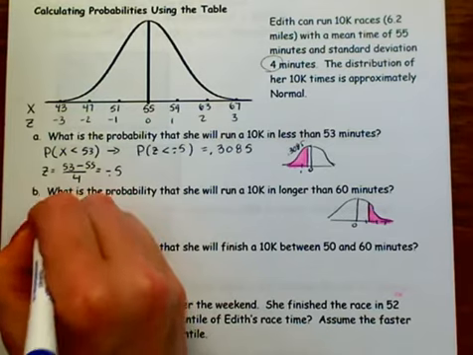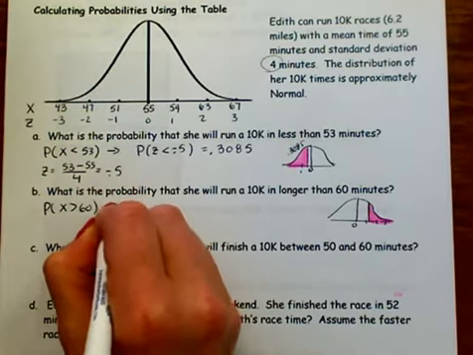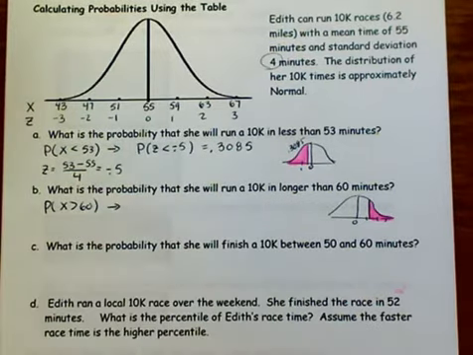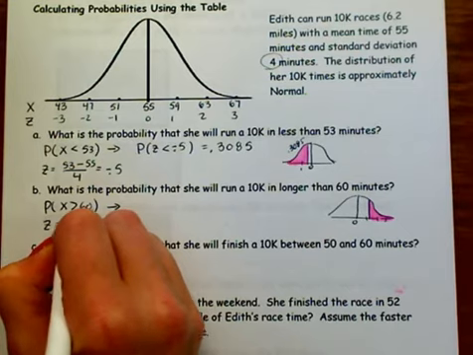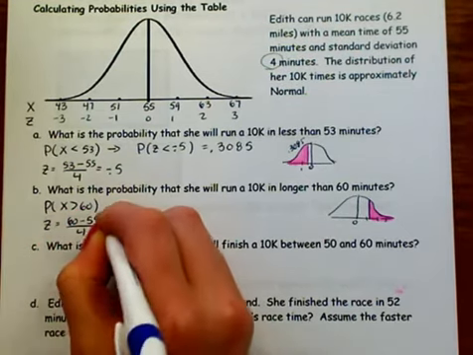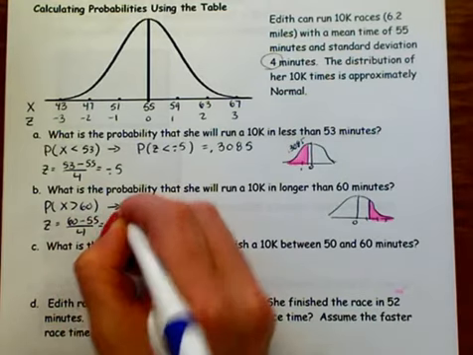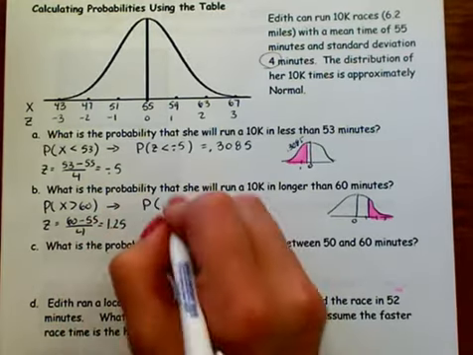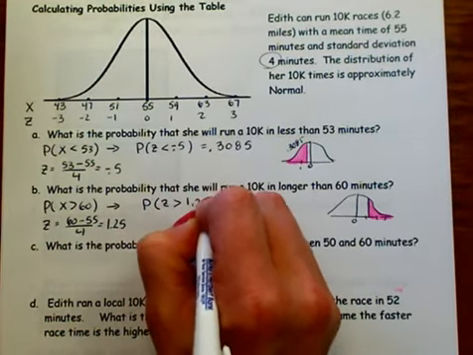Now let's convert. The probability that x is more than 60, well, it's not a whole number of standard deviations, so I'm going to convert to z-scores. Positive 1.25. Probability that z is more than 1.25.